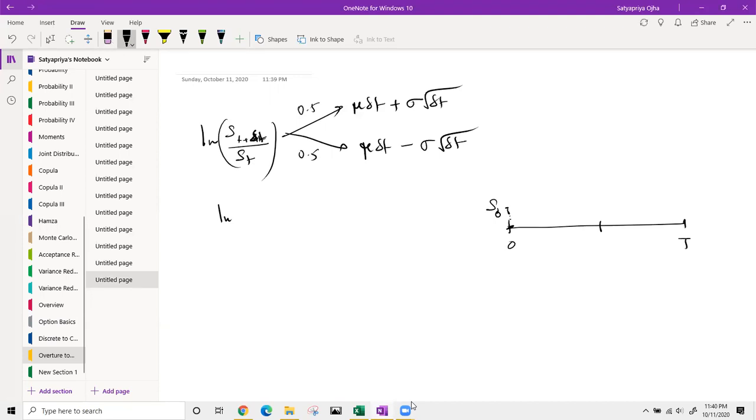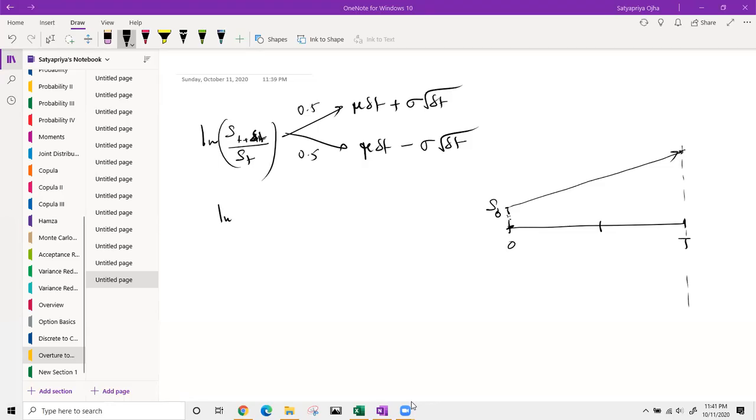And what is the stock price distribution here? Obviously, there is a growth, okay? And we know stock price will be log normally distributed. So we'll go there, just assume for now.